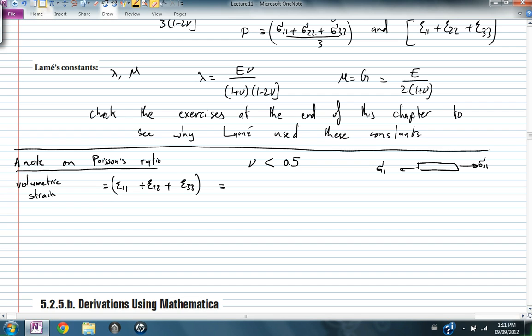when I can use the small strain to describe my material. Epsilon 1 plus epsilon 2 plus epsilon 3, given the relationship above, will be equal to sigma 1 over E minus Poisson's ratio sigma 1 over E minus Poisson's ratio sigma 1 over E, which is equal to 1 minus 2 Poisson's ratio over E multiplied by sigma 1.